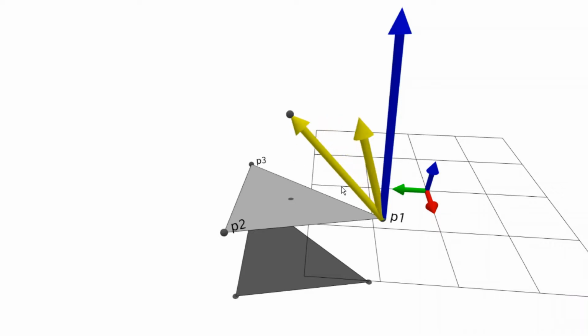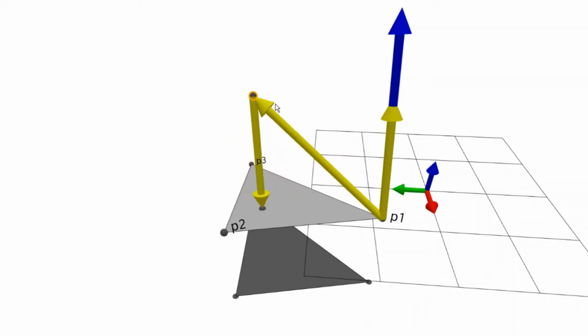So we can project this vector onto the normal, do that using the dot product, and then we'll perform the vector addition of this position vector plus the negative of this position vector's normal component. And that will give us the point on the plane.